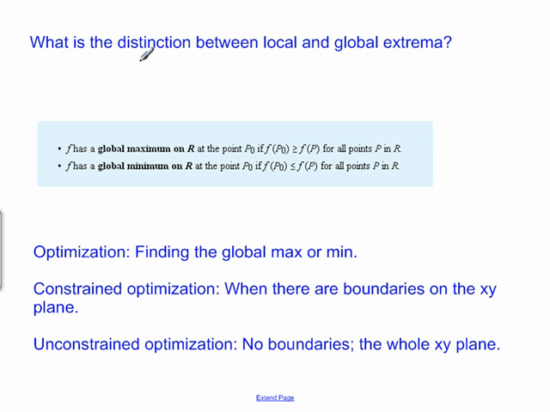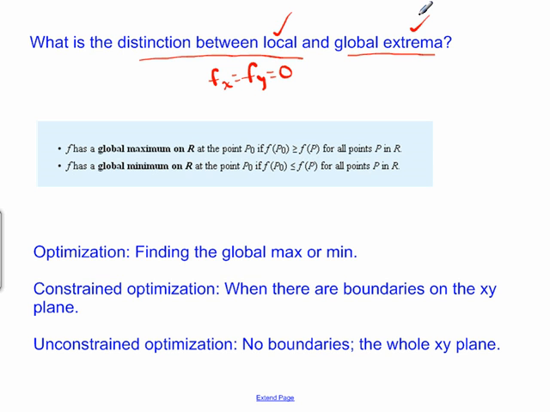Okay, so what's the distinction between local and global extrema? Well, local extrema happens when my partial derivatives equal 0, and in some local region, it is the biggest or smallest value.